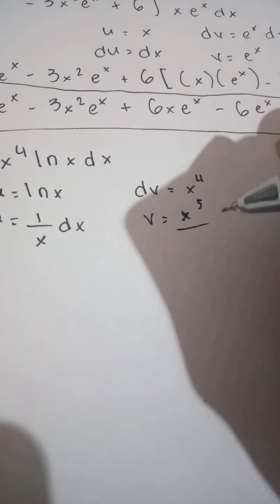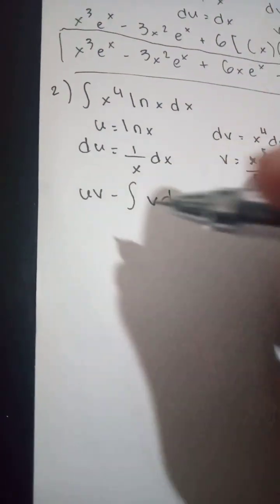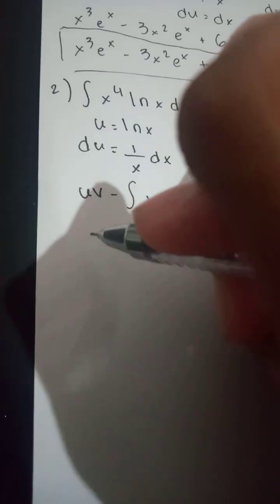x to the 5th over 5. Now we're going to have to use uv minus the integral of v du. Now since we already have our u, v and du, just replace them.